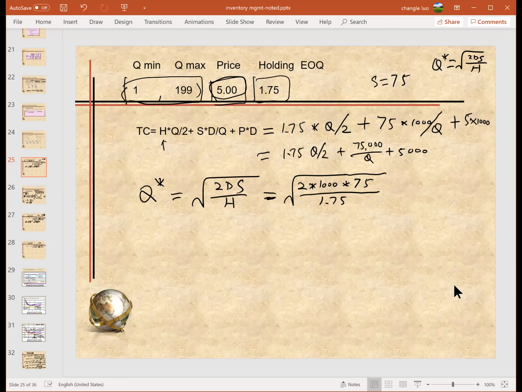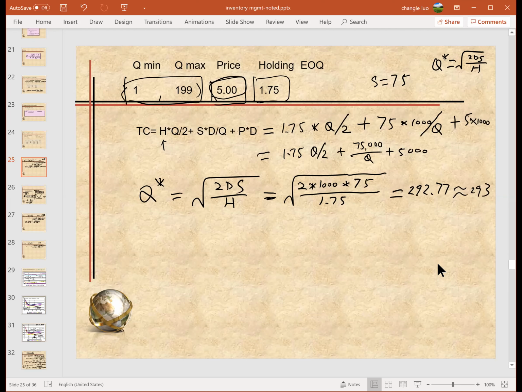If you do this calculation, you're going to have a result for the EOQ, which is 292.77. Because we cannot order fractions of units, roughly we're just saying 293.